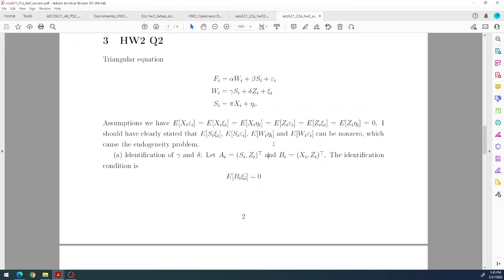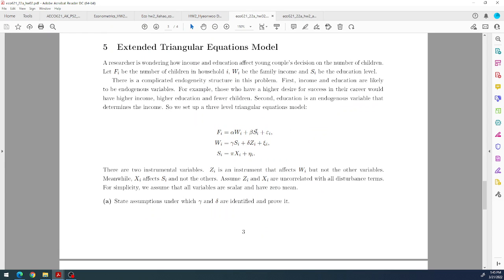S and W are endogenous because they may be correlated with other guys. So S is correlated with epsilon, which means epsilon is correlated with eta, and W is correlated with epsilon because psi can be correlated with epsilon. So the endogeneity is coming from correlation across these disturbance terms, right?